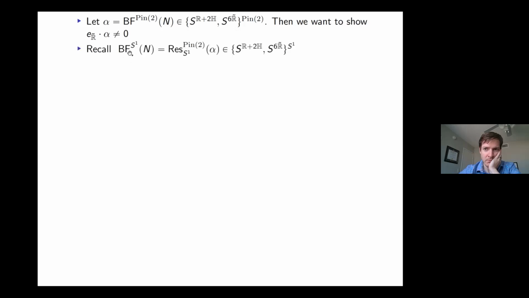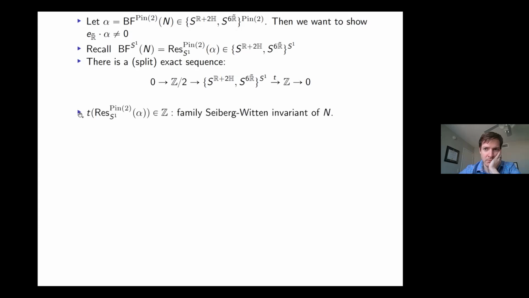Recall that the S1 equivariant Bauer-Furuta invariant comes from restricting the Pin2 action to the S1 action. So it's an element in this stable homotopy group of spheres. It turns out that this group is not too hard to compute. There is a split exact sequence, and a surjective map from this group to the integers.